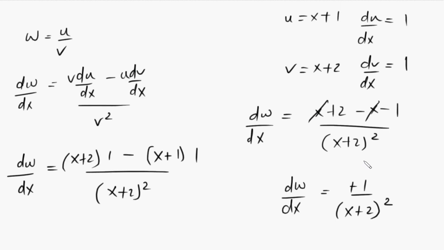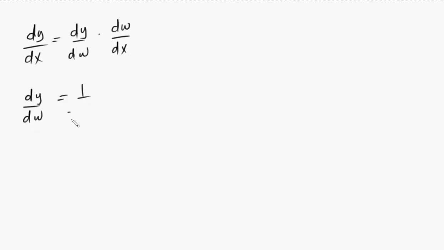So from chain rule now, remember, we said that dy dx is just going to be equal to dy dw times dw dx. What was dy dw now? This one was equal to 1 over 2 radical w. So what was w? W was just x plus 1 over x plus 2.